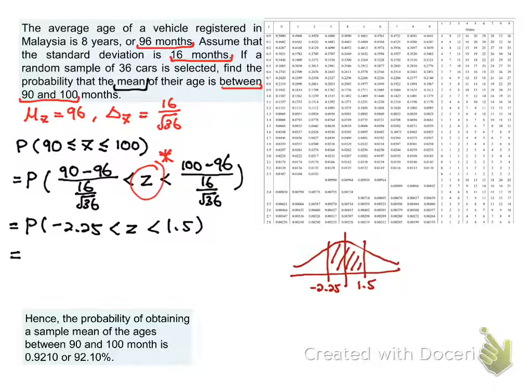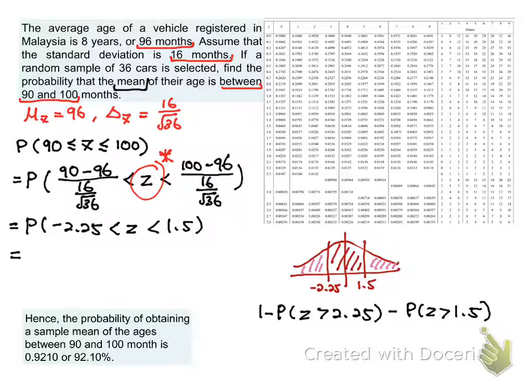Yes, good. 1 minus the part that we don't want, the part in pink, right? So this will be equal to 1 minus P(Z > 2.25). Everything will be changed to positive, because the table given is for the right-hand side, right? I told you last week. And minus P(Z > 1.5).